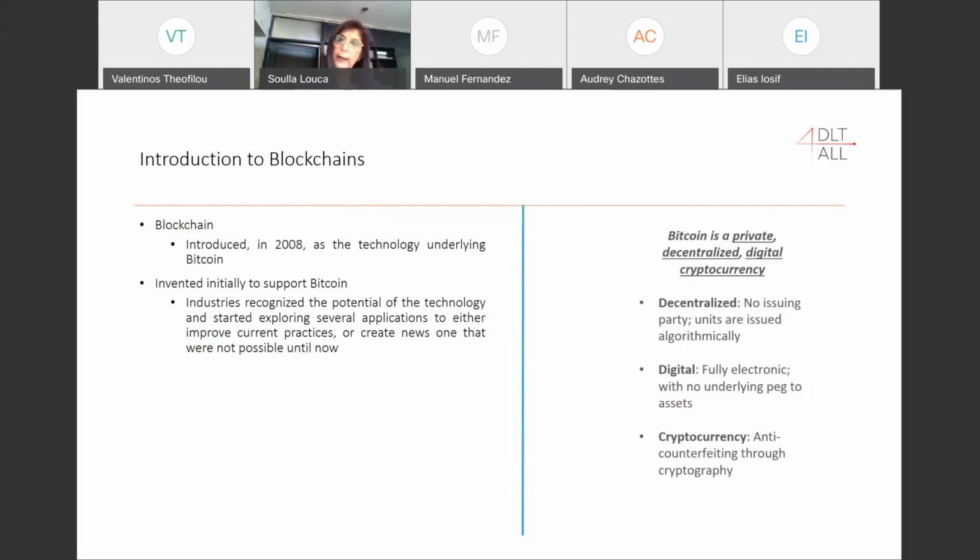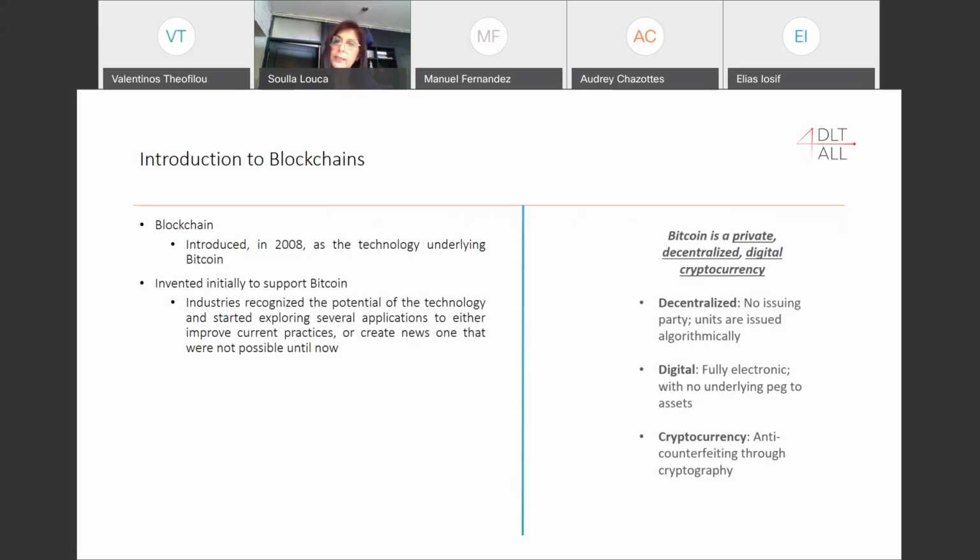If we look at Bitcoin as such, we can describe Bitcoin as a decentralized, private, digital cryptocurrency. We say decentralized in the sense that there is no issuing party. If we look at fiat currencies, euros, dollars, British pounds, and so on, these currencies usually have a government, for example, behind them.